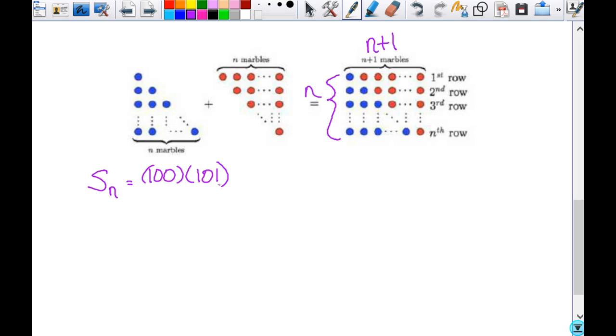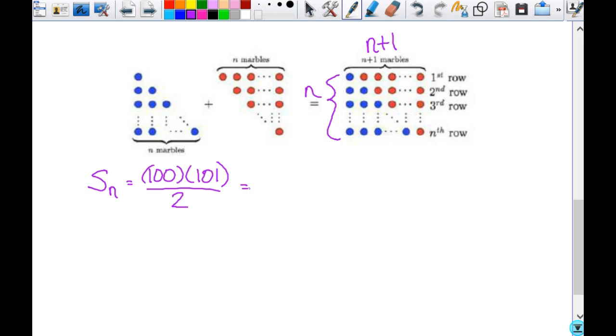What's the problem with just multiplying those two? How many marbles are actually in this? 200, twice as many, right? Because you got bigger and you got smaller. So once he did that, then he just had to divide it by 2, and he got his answer. You can lay it out and look at the pattern, and bam, there you go, he had his answer.